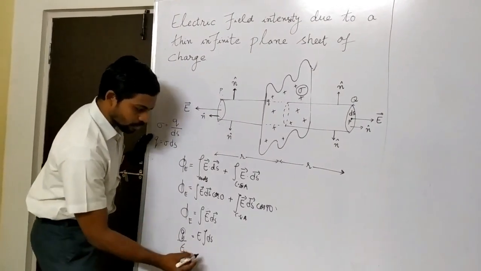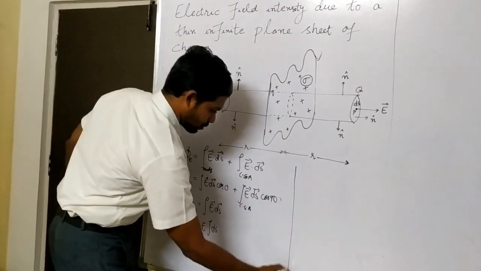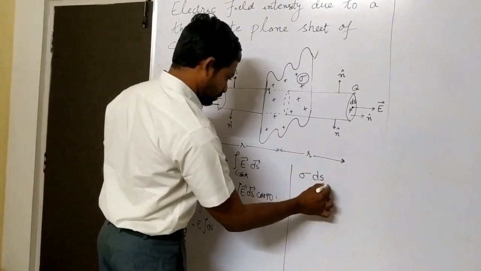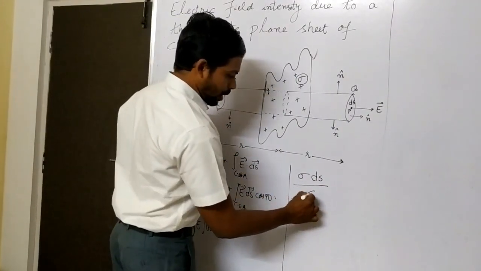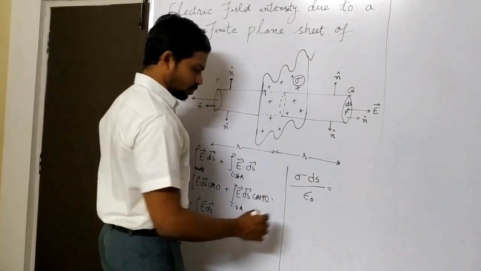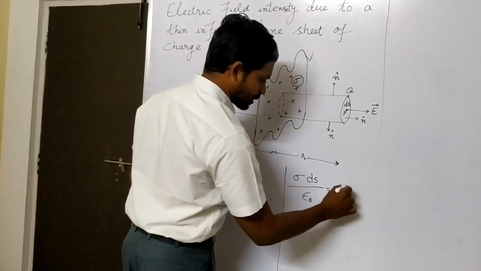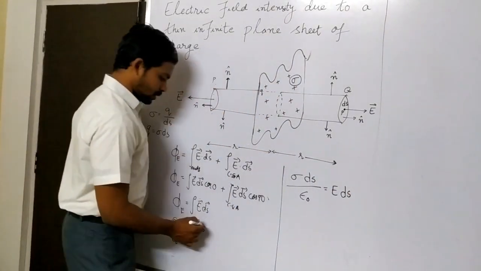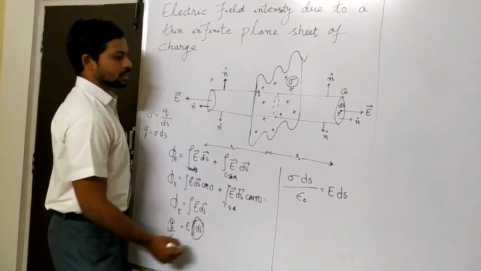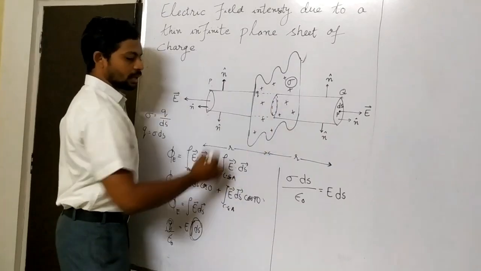So sigma ds by epsilon naught is equal to E ds, because the integration of ds is nothing but the area which we are considering.